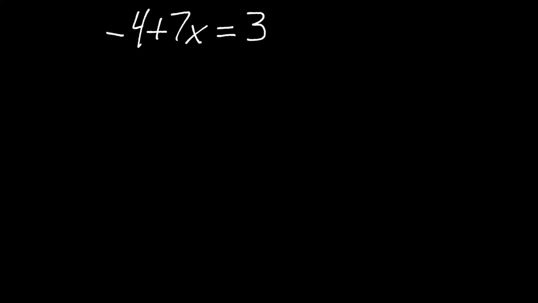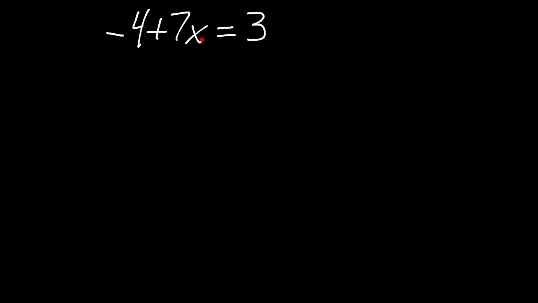For our first example, we have negative 4 plus 7x equals 3. We should notice that not only is multiplication happening, but there is also addition happening. So our goal is going to have to be to get x all by itself. And to do this, we sort of have to do things in reverse order from what we would normally do.